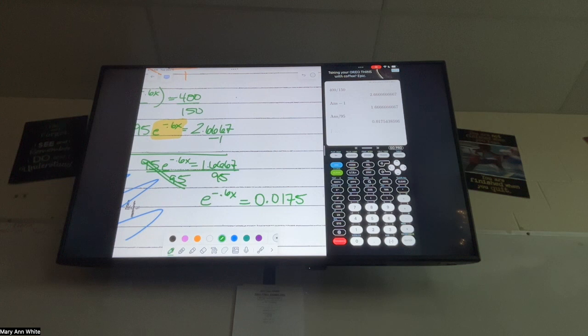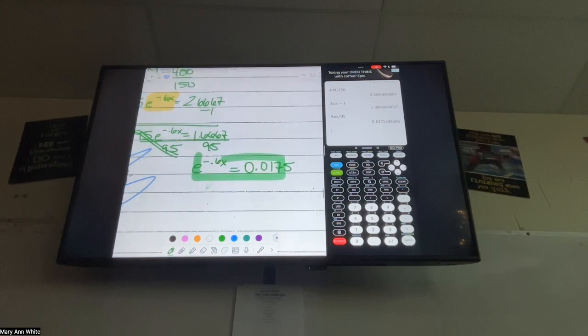And this looks like what we were just practicing, right? When I start simplifying, or when I log roll, what do I get? ln of that decimal, good. ln of 0.0175 is equal to negative 0.6x.